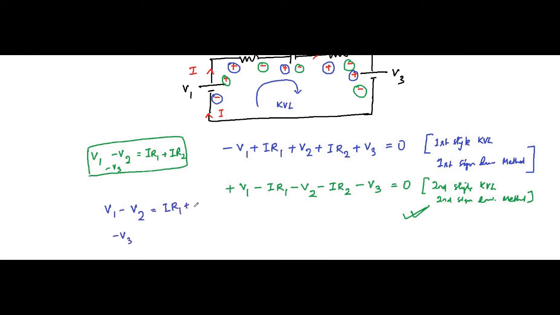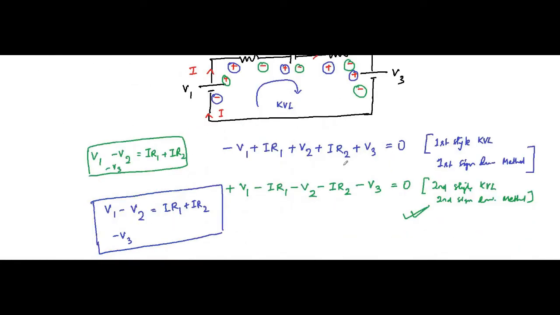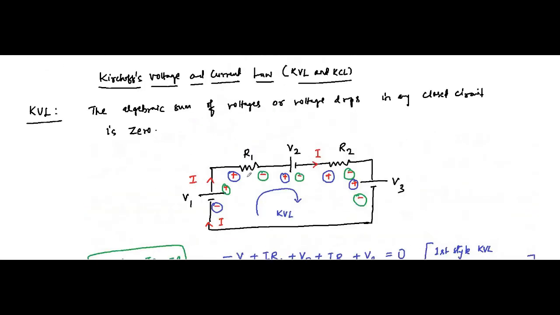Both ways it is correct. Whether you write the first sign dominating KVL equation or the second sign, both ways it will be correct, no problem. Any way you want to write it, but always make sure that you assign the polarities correctly.